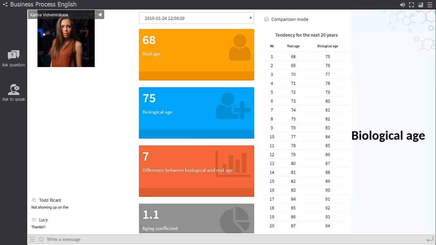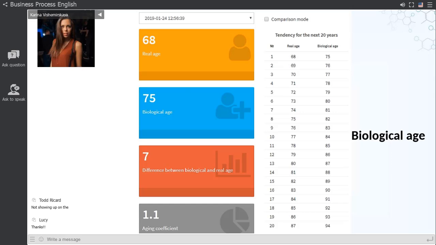The person is 68 years old, and the biological age, let's pay attention, is 75. So the difference is 7 years. The aging coefficient is 1.1. So 7 years is the difference between their real age and biological age.